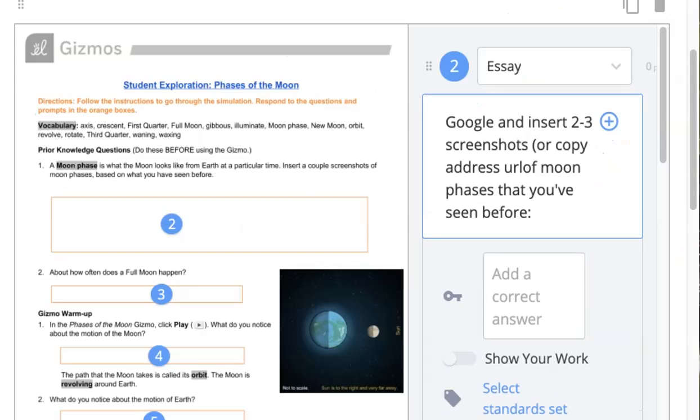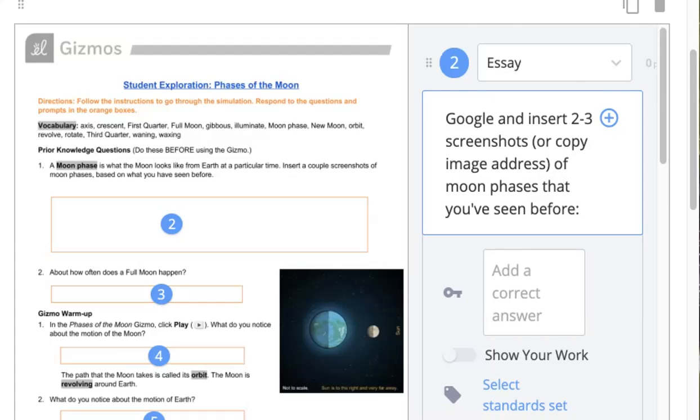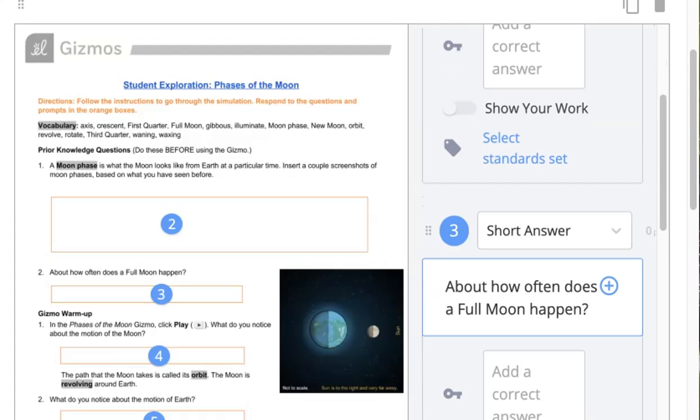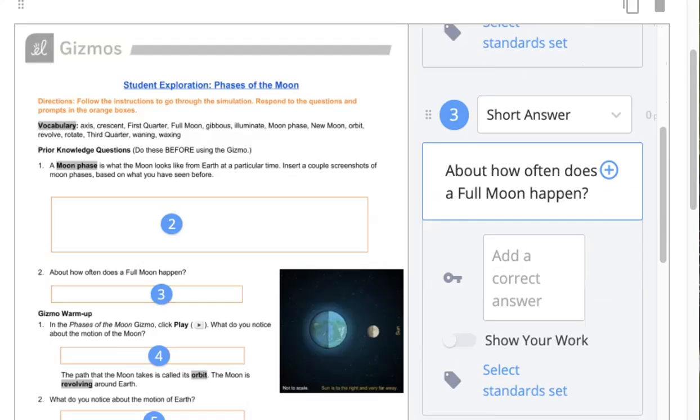That's where a lot of my students were having hookups, they were having a hard time adding in these images. So it's called copy image address, or copy image address. Okay. Again, you're going to insert this part of moon phases that you've seen before. So this is your warm up or pre-questions for this one here.